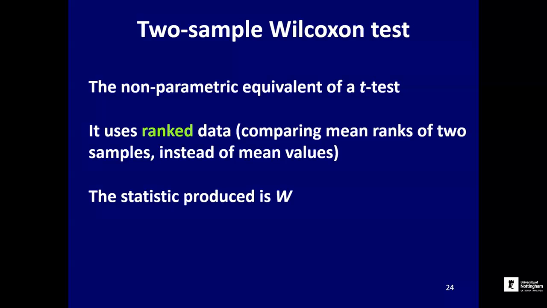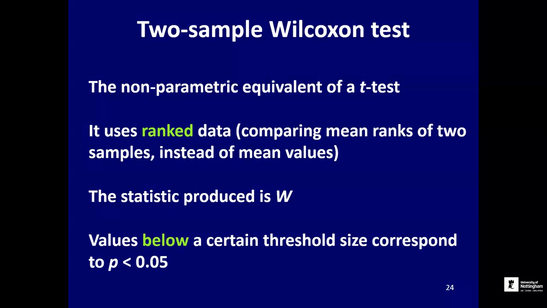And just like all stats tests, it's going to produce a test statistic, this time called W, and that is going to allow us to calculate, or allow the computer to calculate, a p-value. There is one peculiarity of the Wilcoxon test which it's worth noting, and that is, unlike every other test I'm going to tell you about, the test statistic goes the wrong way.